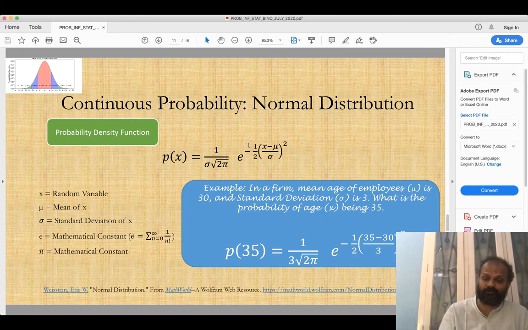So if you substitute the information given in the box, we get a specification using which we can calculate. So probability of x being 35 is 1 upon 3 into root of 2 pi e raised to half 35 minus 30 upon 3 whole squared.